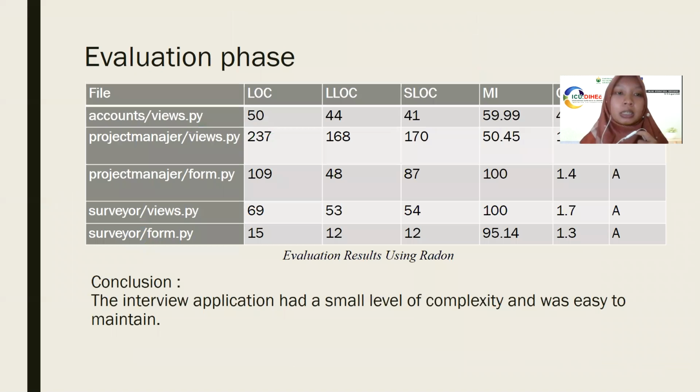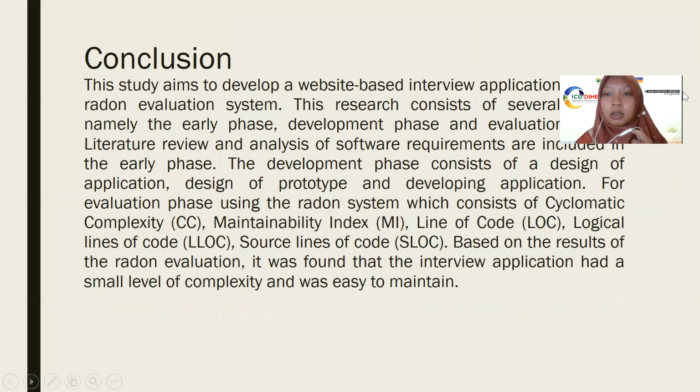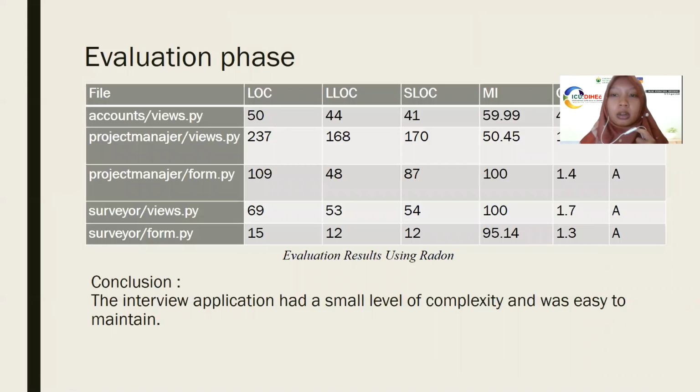And the last stage is evaluation phase. From the evaluation phase, using line of code, logical line of code, source line of code, maintainability index, and then risk and CC. From the average MI, the result is the average is 81.116.